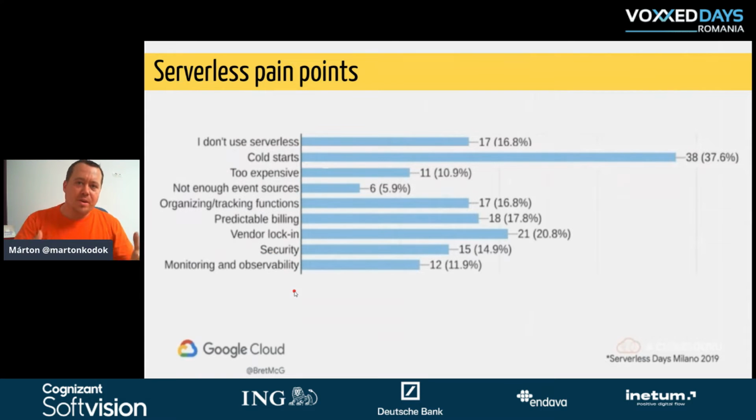Now, why am I showing you this? Because I want to emphasize that Cloud Run arrived in the serverless world addressing all these elements. So we will see how cold starts are no longer a problem.